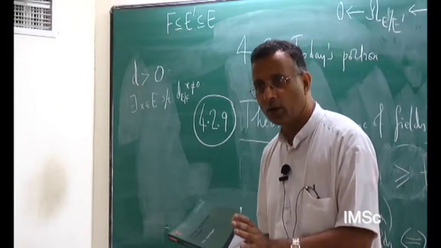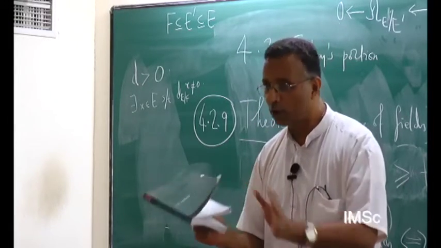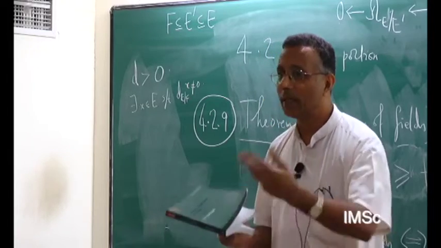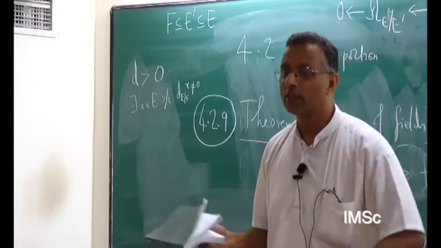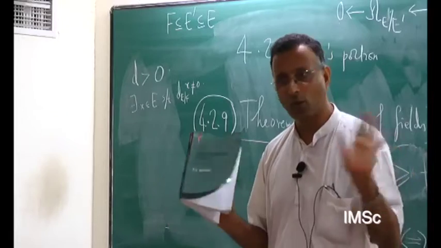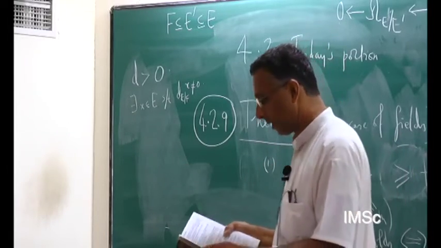D is bigger than 0, so the universal module is non-zero. It is generated by images of elements of E. Therefore, since it's non-zero, there is a non-zero element. That's all he is saying.